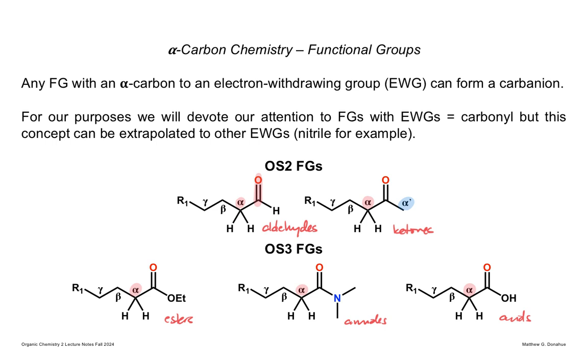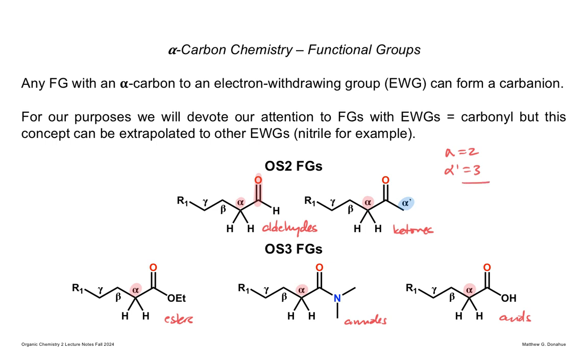So when you're treating with a base, which alpha carbon is going to get deprotonated? Because those will generate different enolates. And so just to write some numbers down, if you look at the ratios, alpha equals 2 hydrogens, alpha prime equals 3.